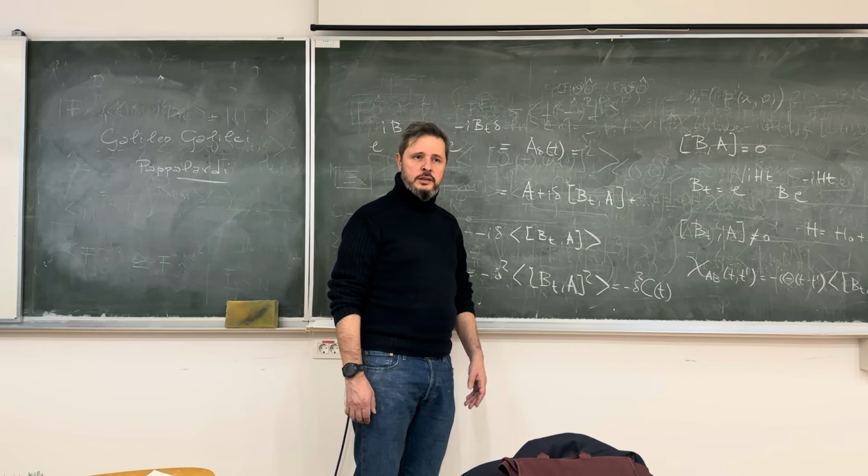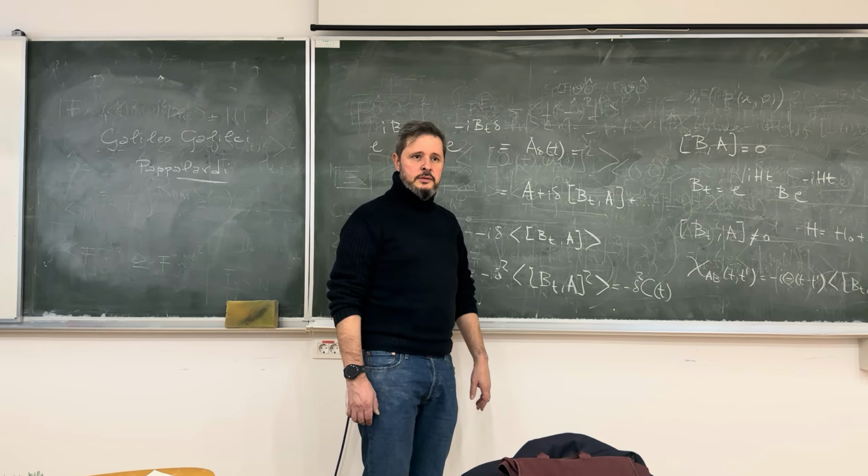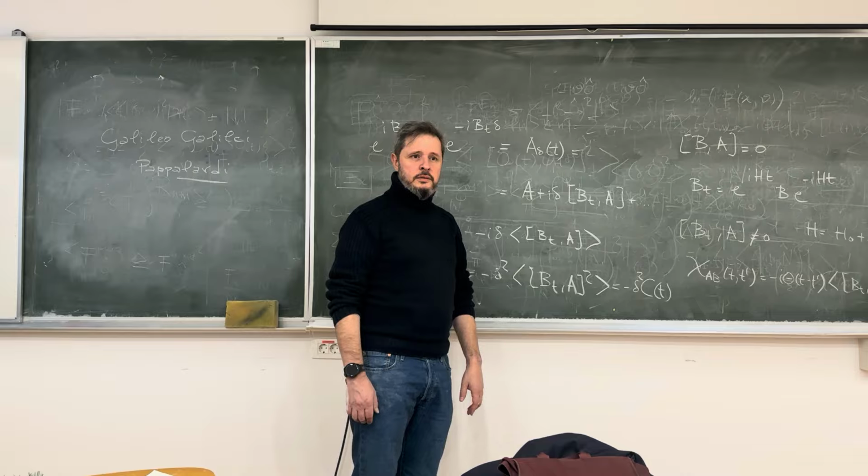I don't understand the question. So the question is how to determine different states. You say we do evolution and we see how out-of-time-ordered correlation functions change during this evolution, right?